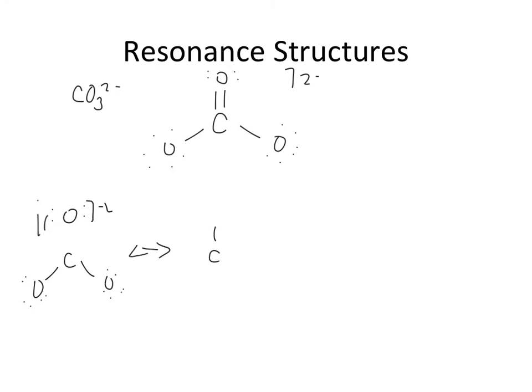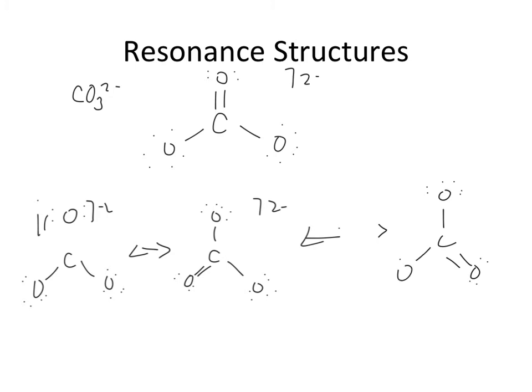We show the other possible resonance structures that could exist. In this case, 3 resonance structures are available, and so we're going to draw 3 of them because that's what is possible. This is how we express resonance.